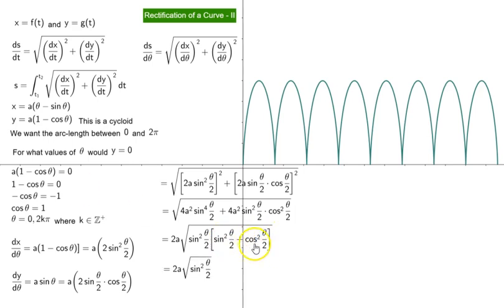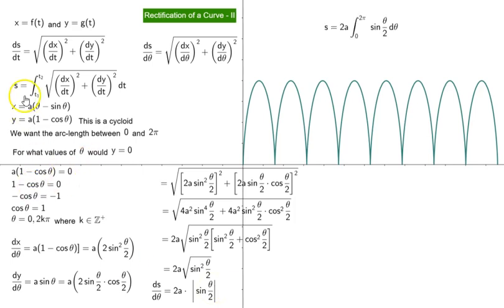This sine square theta by 2 plus cos square theta by 2 is 1. So we are left with 2a times square root of sine square theta by 2, which means ds by d theta is equal to 2a times sine theta by 2. So square root and square cancel out, and we need to add the absolute signs here.